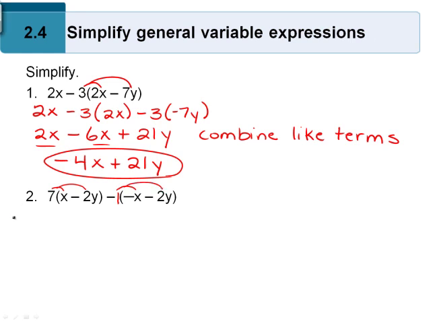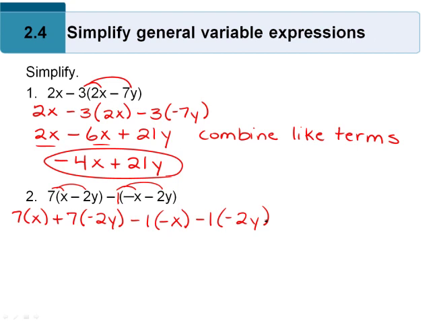So let's just write this all out. We're going to have 7 times x plus, because it's a positive 7, 7 times negative 2y. So I'm done with that first set of parentheses, okay? Now I go to the second set, and I have negative 1, because that's what we're distributing, times negative x, and then negative 1 again, times the second term, negative 2y.